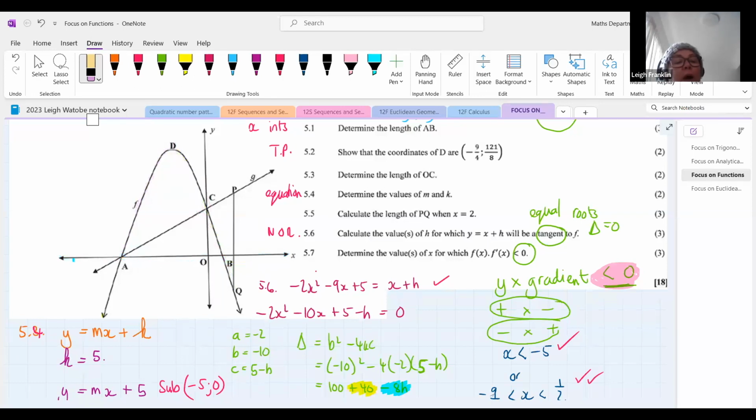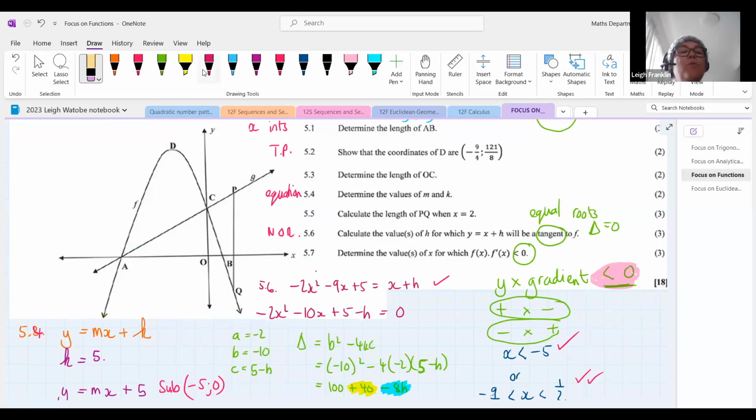So when they ask you a question about y, so f of x, you're saying, am I above the x-axis or am I below the x-axis? You're looking at where y is positive or where y is negative. When they talk about gradient, again, it's the same thing. Is gradient positive or is gradient negative? Gradient is positive when you're walking uphill.